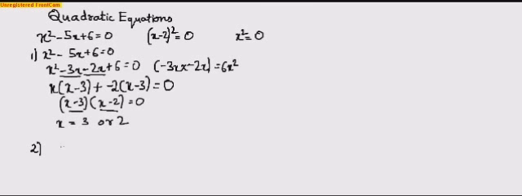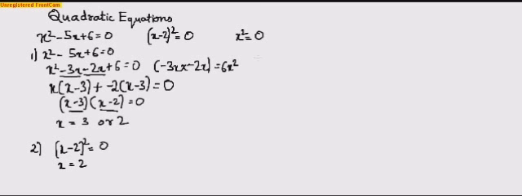Now let's try to solve the second one. That is x minus 2 whole square is equal to 0. In this, it's straightforward. On putting x equal to 2, we will get 0 square, which will be equal to 0. So x equal to 2 is the solution for this.